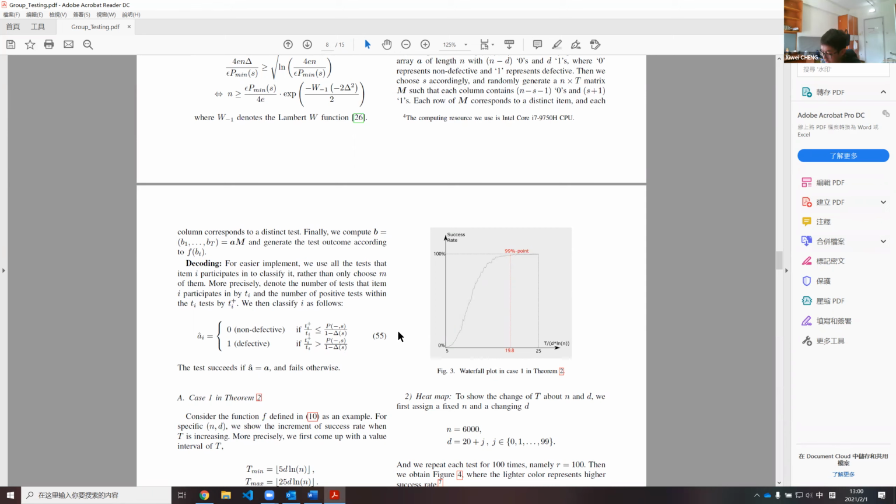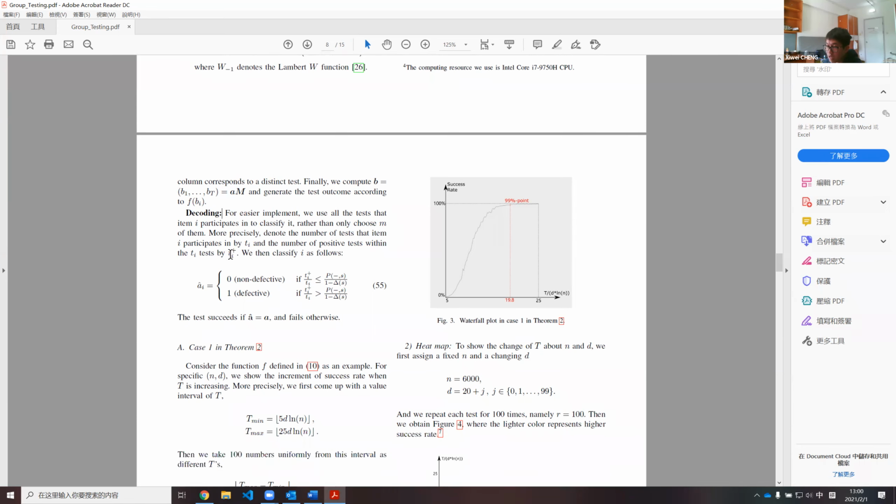So anyway, we believe that this small change would have small influence on the outcome, and then we will count the number of positive tests within the T tests, denoted by T plus.